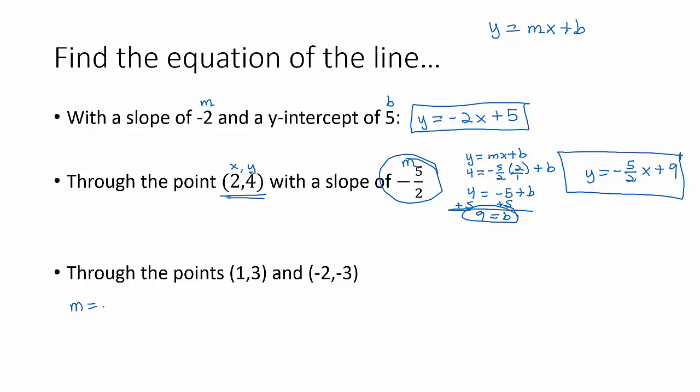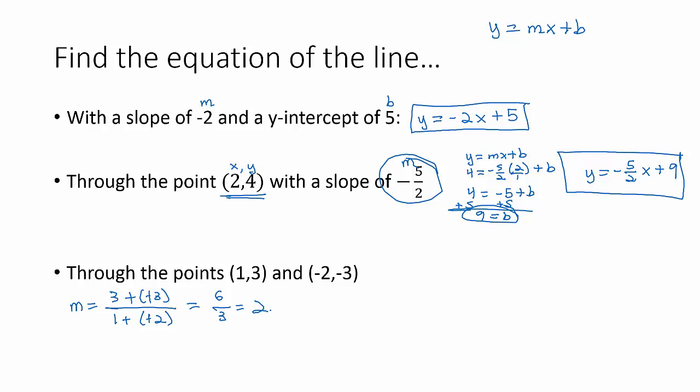Fortunately, we know how to find the slope. We subtract the y's, 3 minus negative 3, over, and we subtract the x's, 1 minus negative 2. Well, 3 minus negative 3 is 6. 1 minus negative 2 is 3. So the slope is actually 2.